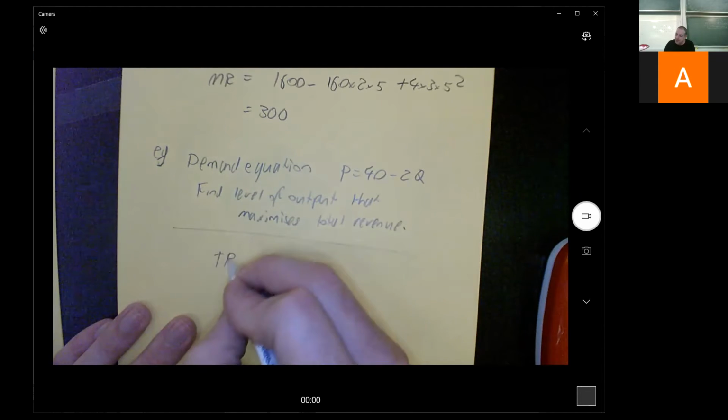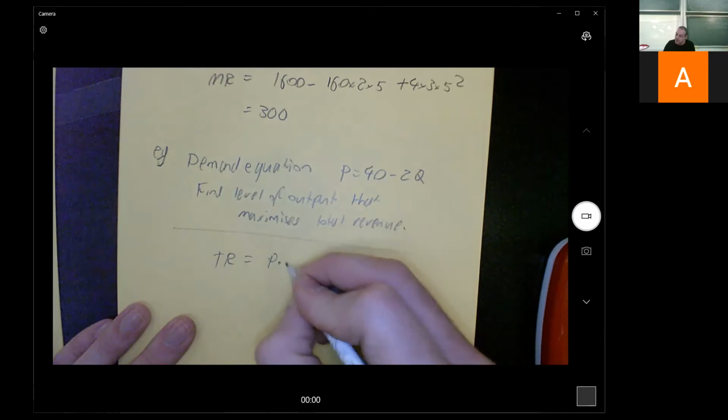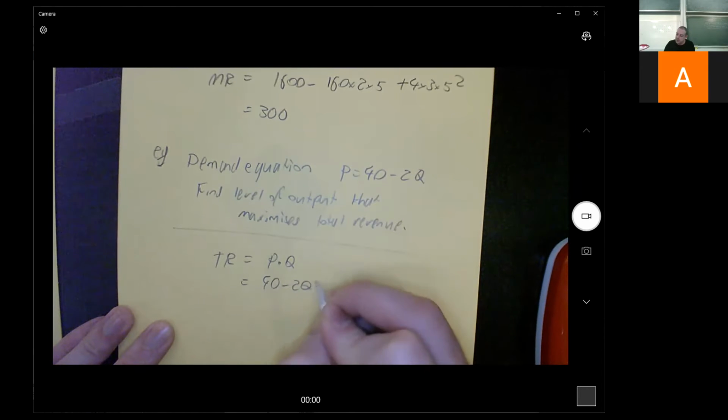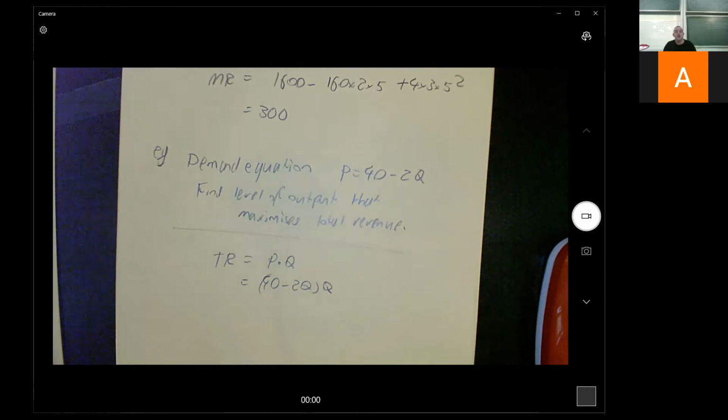The total revenue is the price times the quantity, which is 40 minus 2Q times Q. And there are two ways to attack this, depending on whether you want to use derivatives or not. I'm going to do them both, because I'm pretty sure both of them have appeared in your course.